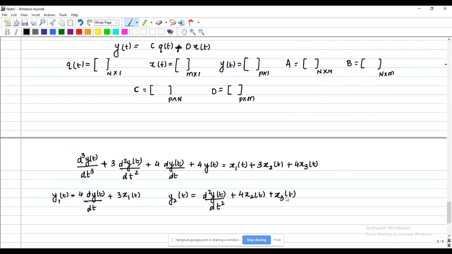Okay, so here y2 of t depends on x2 and x3, whereas y1 of t depends on x1 alone, and the behavior of the system is given by the differential equation.